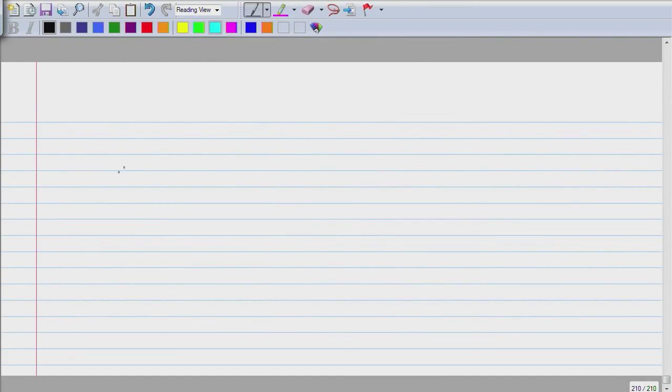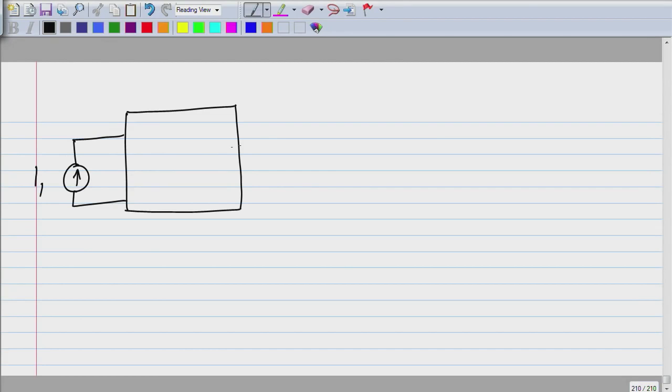Okay, so now instead of applying voltages and finding currents, we can apply I1 and I2. Okay.